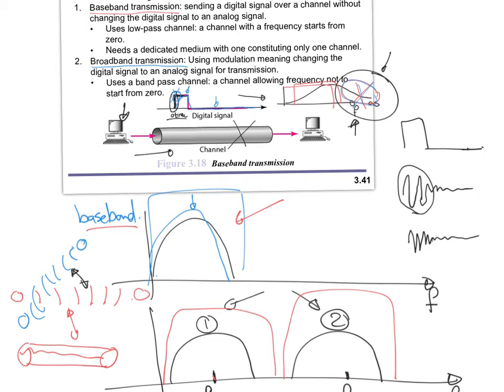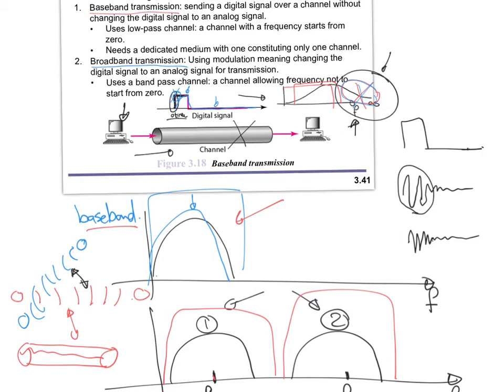The question is, again, a very tricky question. We said that broadband transmission is used for wireless and for radio, right? Is there any standard for wired communication that uses the concept of broadband transmission?